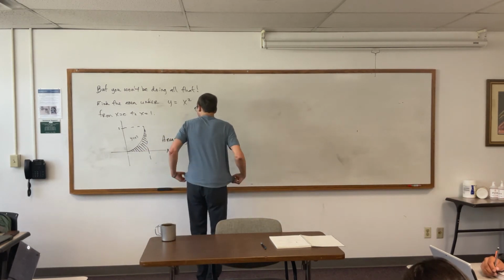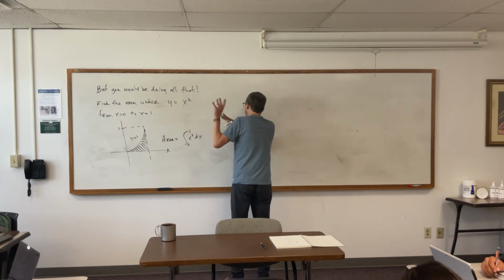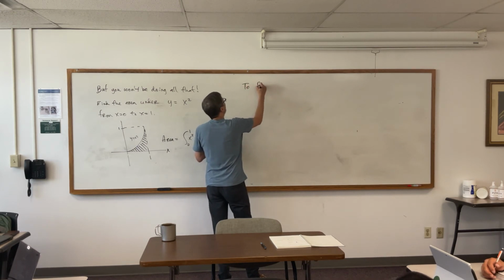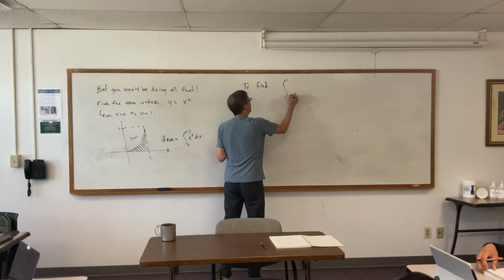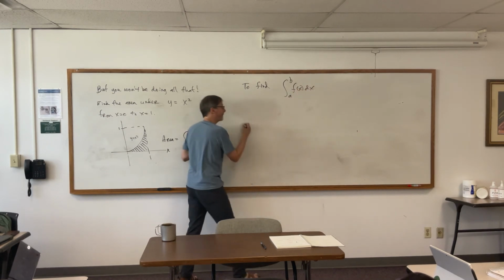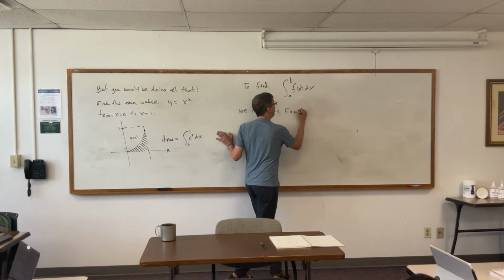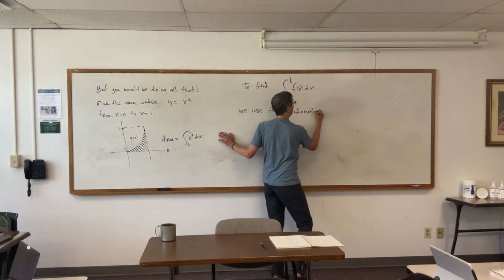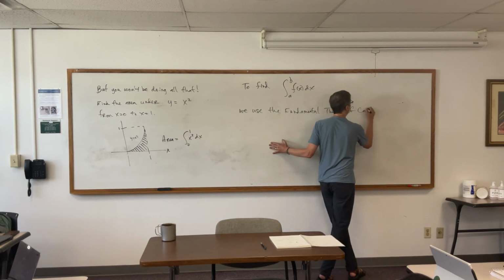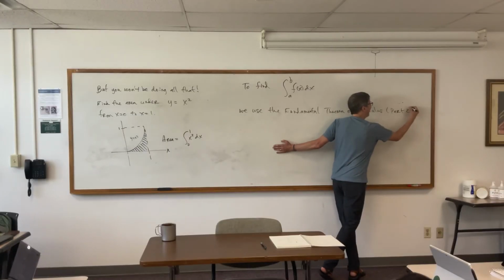So how do we do this? As Olivia said, we take the antiderivative and then do some stuff. To find this, we use the fundamental theorem of calculus, part 2.